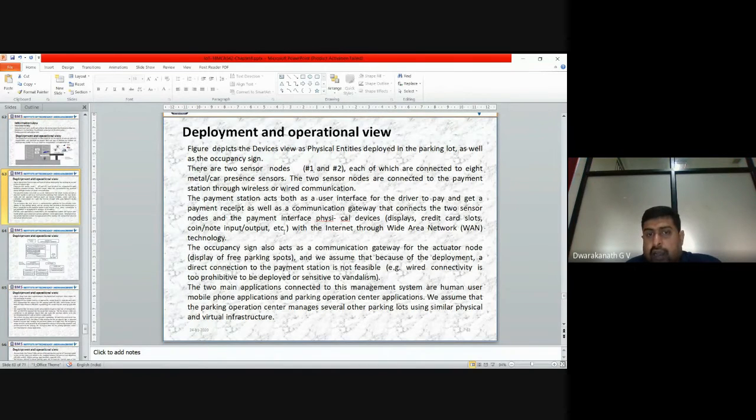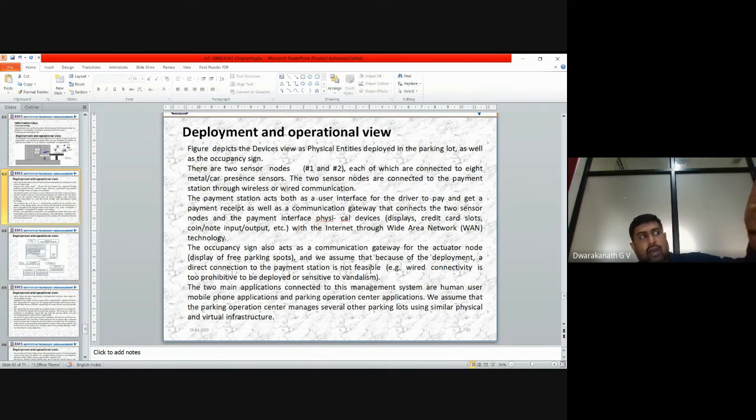The occupancy sign also acts as a communication gateway for the actuator node. Note down here, the occupancy sign means the IR sensor we have kept will tell you either the parking slot is occupied or the parking slot is free. As a communication gateway for the actuator node, it displays the free parking spots, and we assume that because of the deployment a direct connection to the payment station is not feasible.